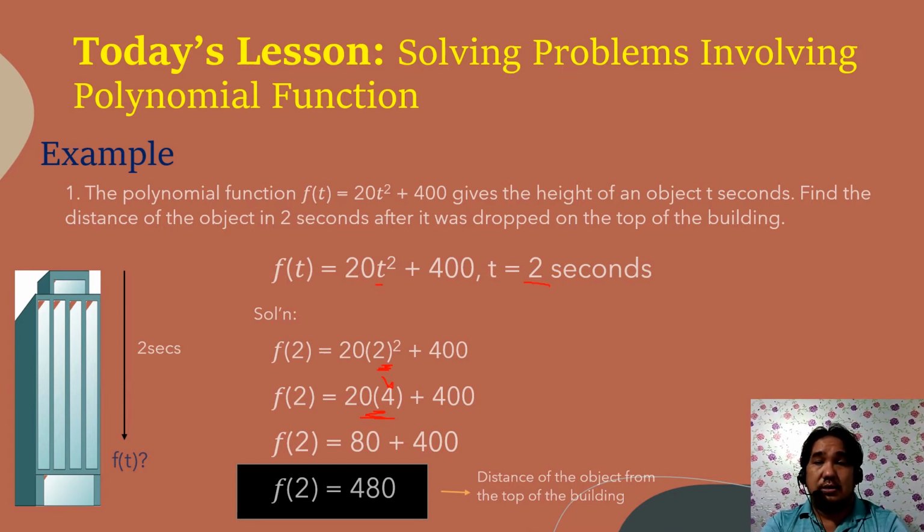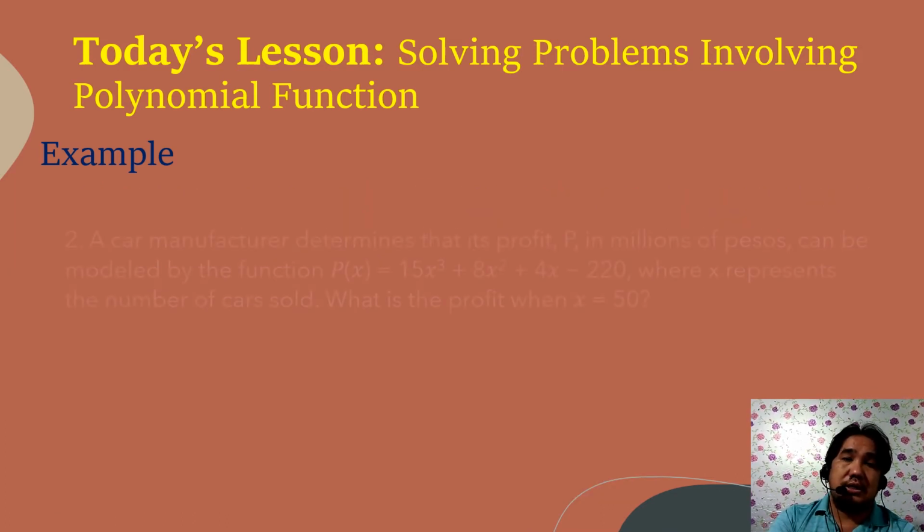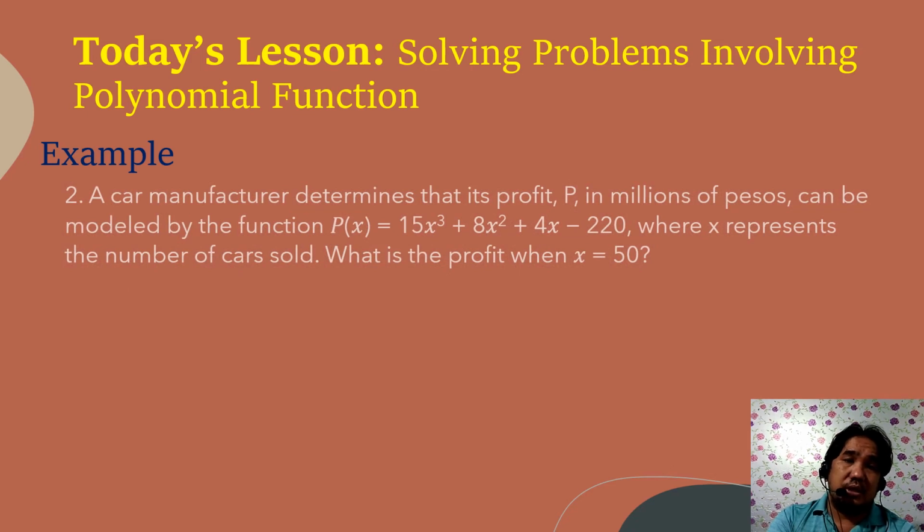So next, second example. A car manufacturer determines that its profit P in millions of pesos can be modeled by the function P of x equal to 15x cubed plus 8x squared plus 4x minus 220, wherein x represents the number of cars sold.